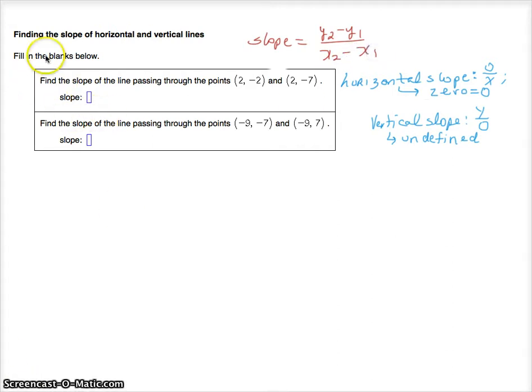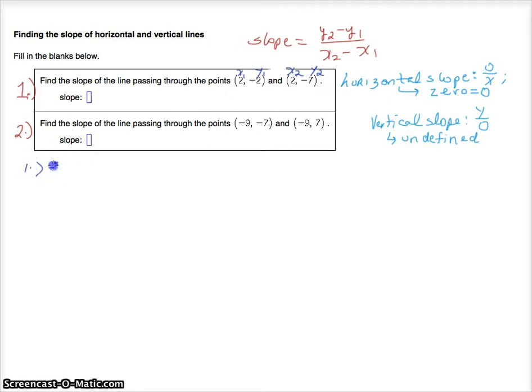Okay, so let's label these boxes real quick as 1 and 2 so we can have some space down below a little bit. So box 1 is going to be y2 minus y1 over x2 minus x1. We haven't labeled the points for box 1, so it's going to be x1, y1, x2, y2. So let's go pick our numbers and throw them in there.